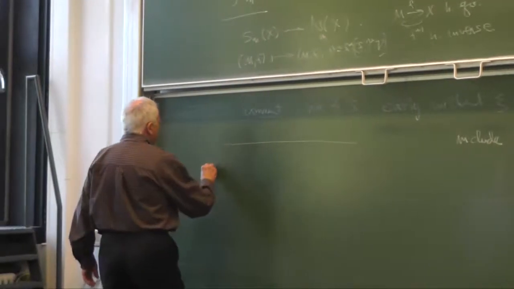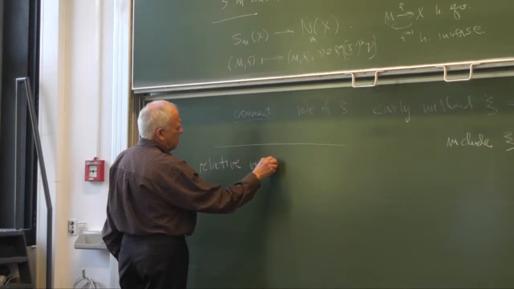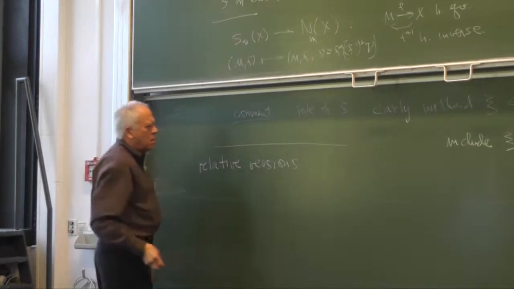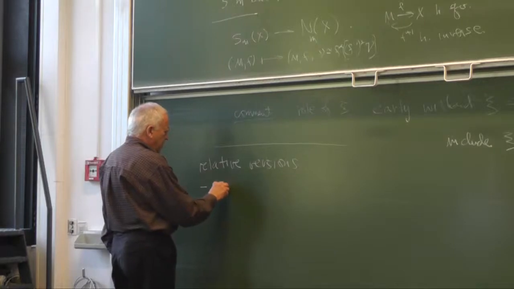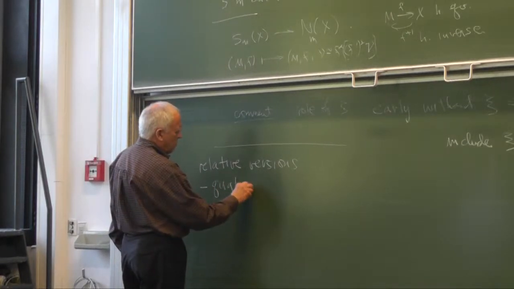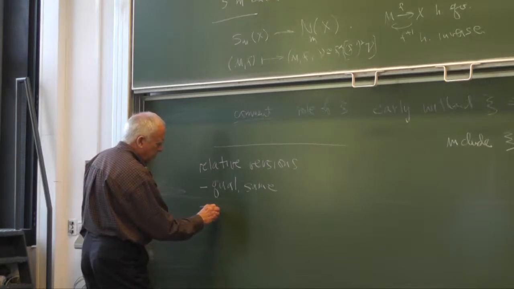I want to describe relative versions. The idea is that these are qualitatively the same, but they're really essential.